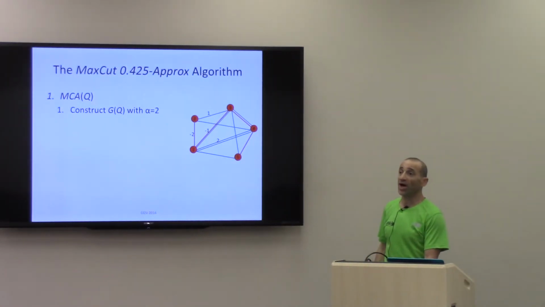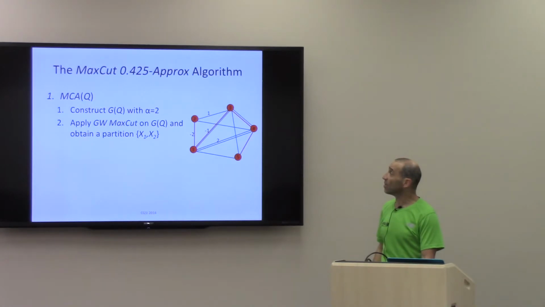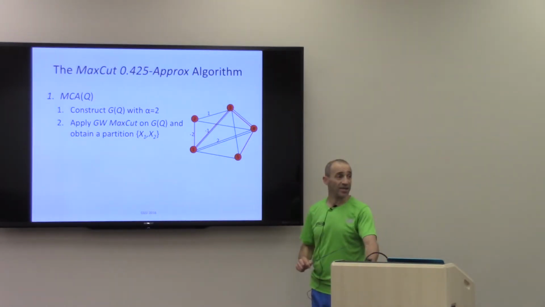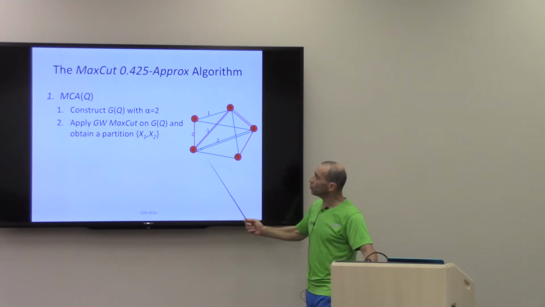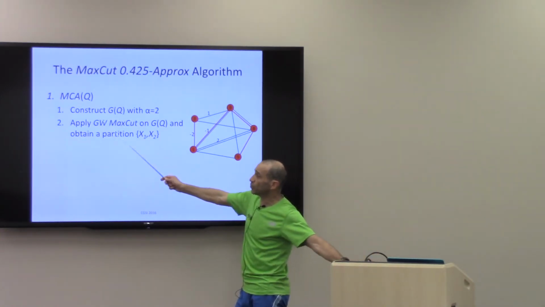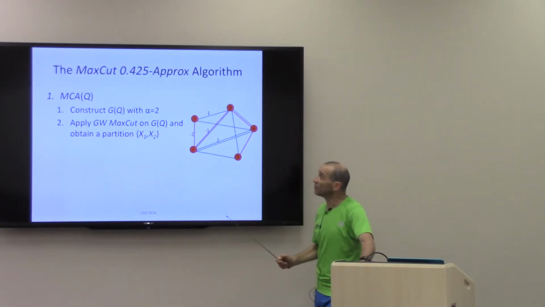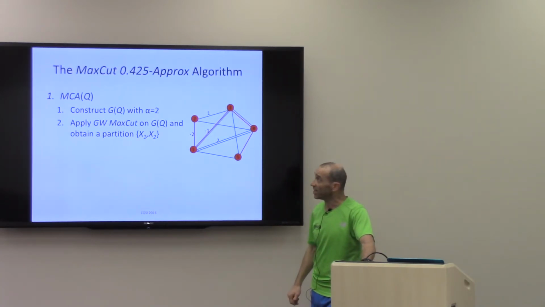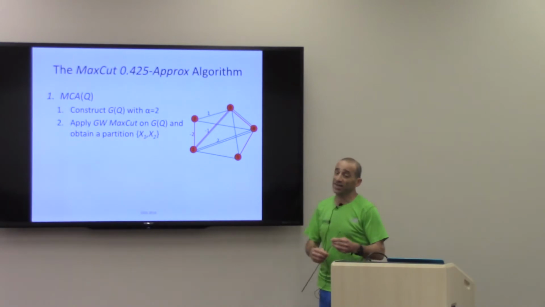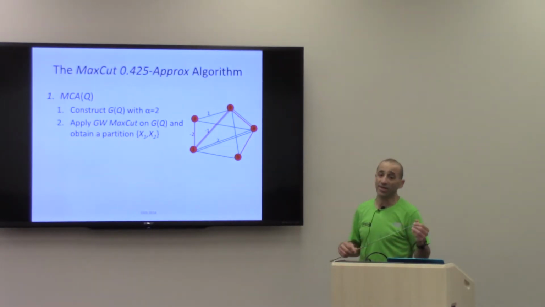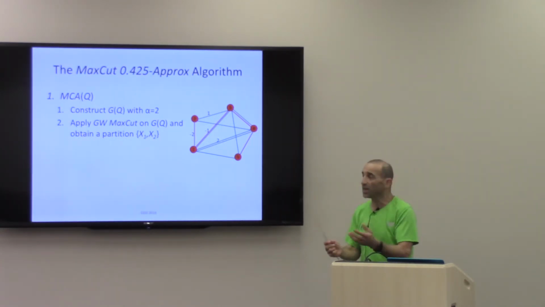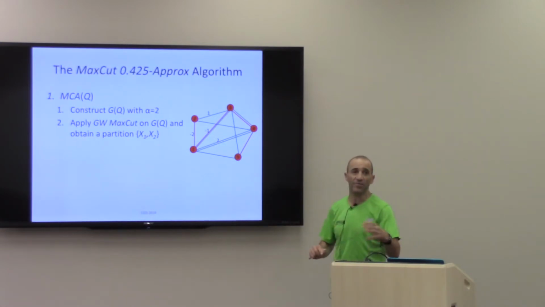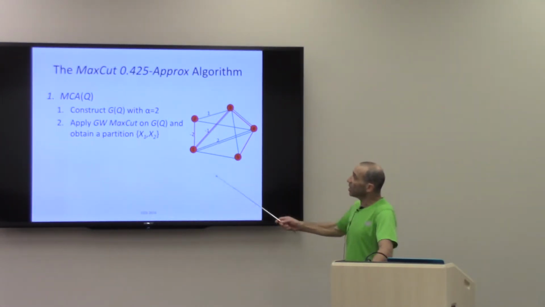Now we run the max cut. I told you, or I did not, there is a very classical approximation for max cut, Goemans and Williamson, that I did say yesterday. It is based on semidefinite programming and something similar to what we had, mapping the points on the sphere, but this is n-dimensional.